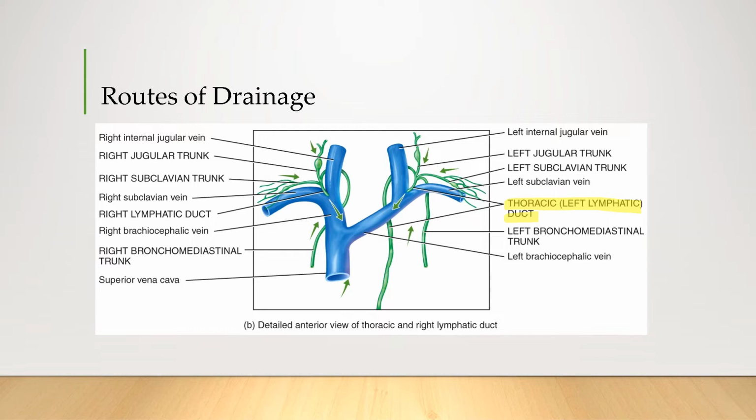It also gets lymph from the left jugular trunk, the left subclavian trunk, and the left bronchomediastinal trunk. So what we're going to see is that the thoracic duct receives lymph from the left side of the head, neck, and chest, the left upper limb, and the entire body inferior to the ribs, kind of like we saw in that last picture.